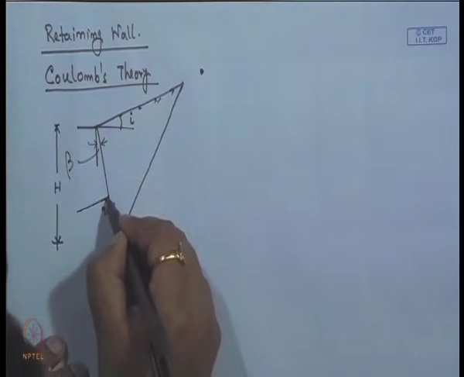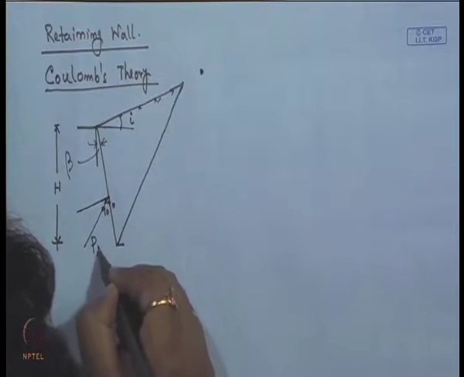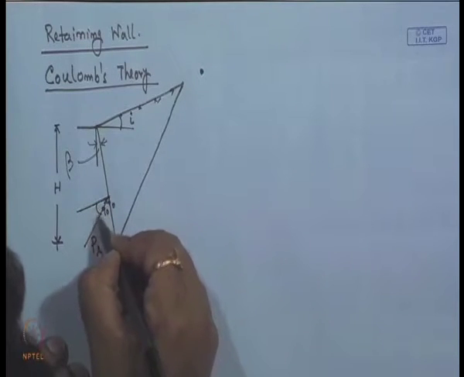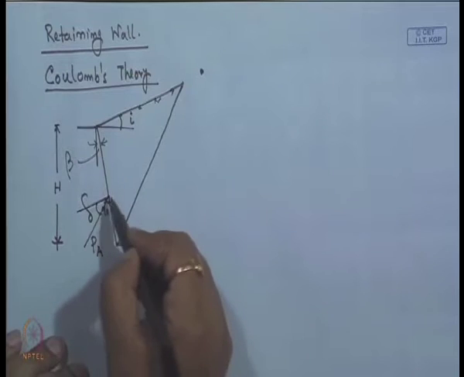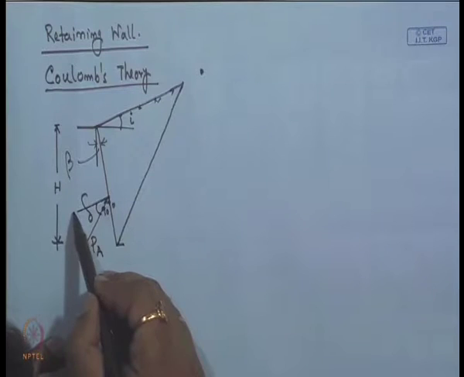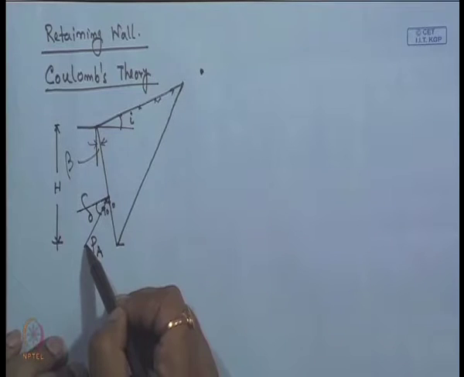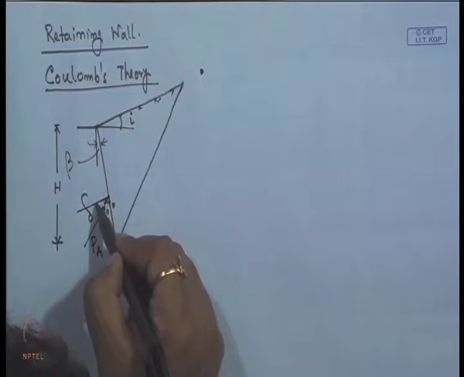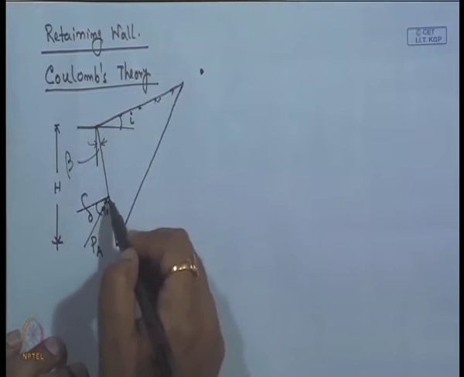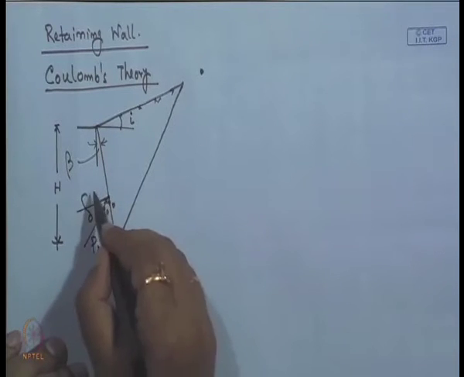Now, this P active force will act with an angle delta with the normal. So first we draw a normal to the back of the wall, and this P force is acting with an angle delta with this normal. This delta is the friction angle between the soil and the wall.